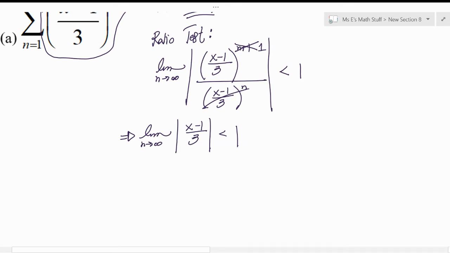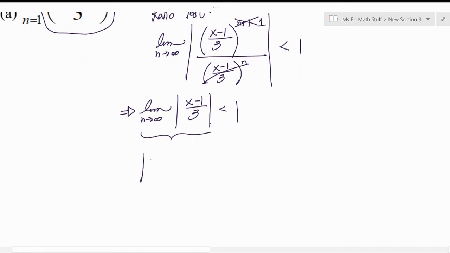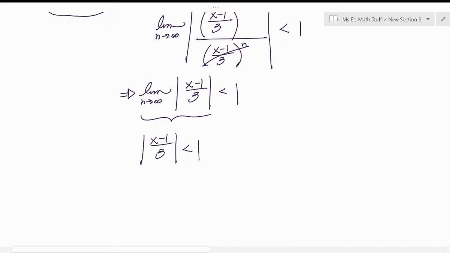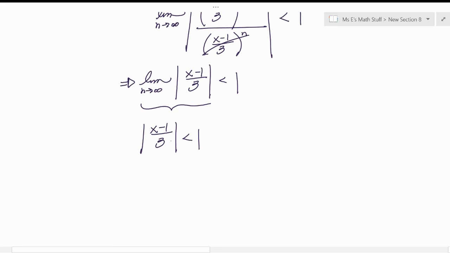And so the limit as n approaches infinity of the absolute value of x minus 1 over 3 is the absolute value of x minus 1 over 3. And this should look super familiar. Anyway, let's factor the 1/3 out, multiply 3 by both sides. You should be ridiculously good at this by now. And you could draw the number line in your head or on paper. I usually just do it real quick.